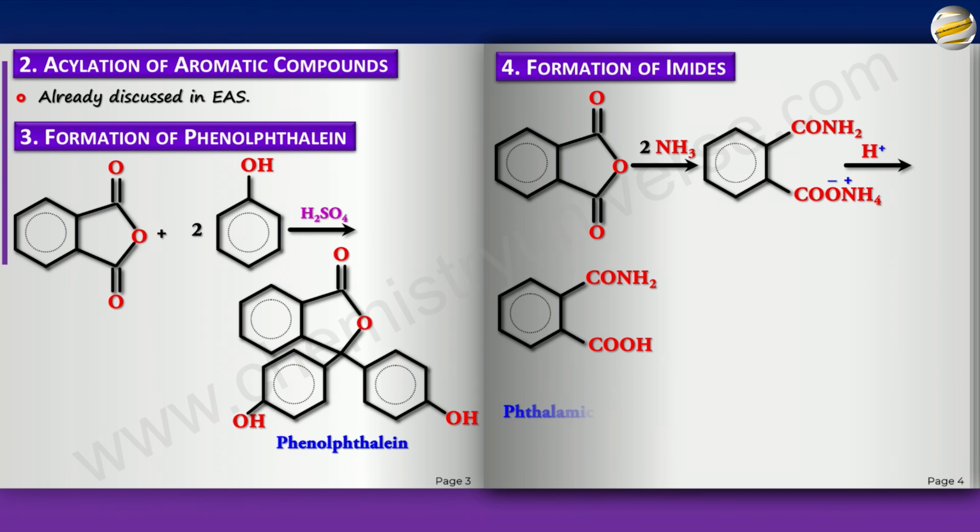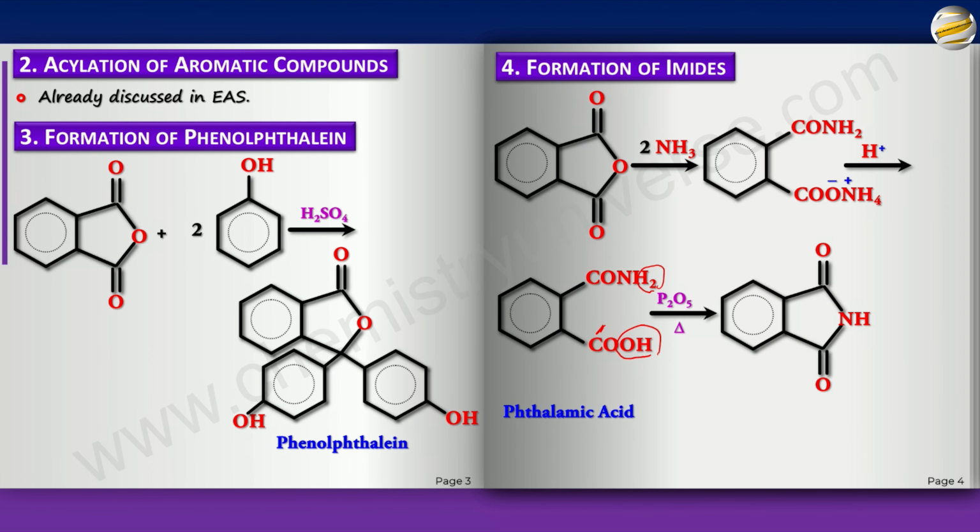Now, this is phthalamic acid. If you dehydrate it, what happens is OH from here goes, H from here goes, it's a dehydrating agent, and you will get the N attached to this carbon as well. Cyclic system, you will get imide.